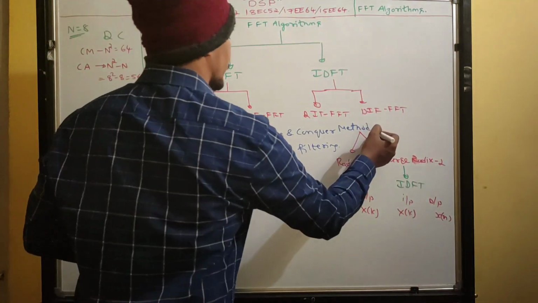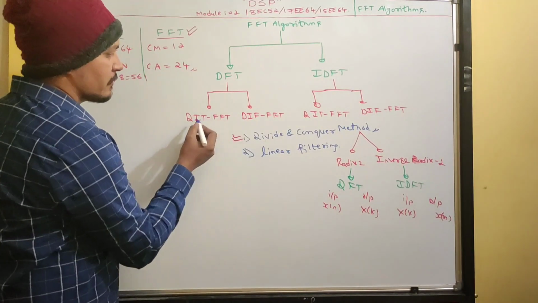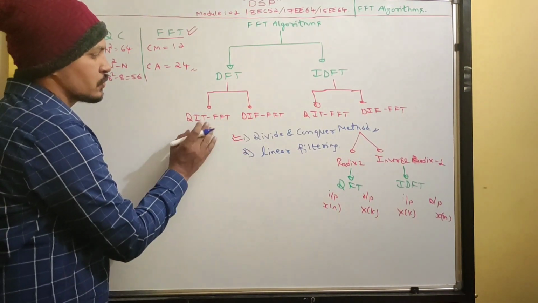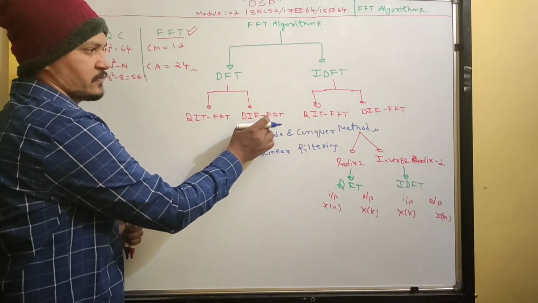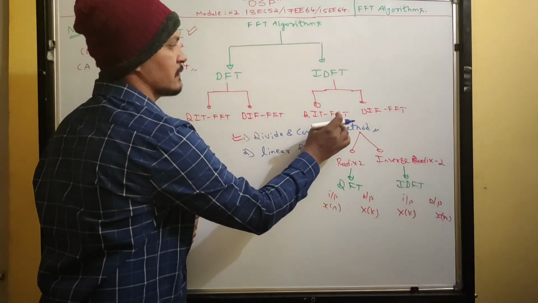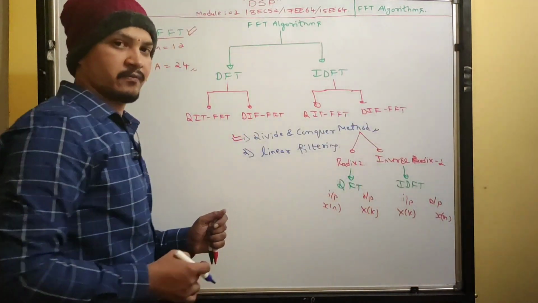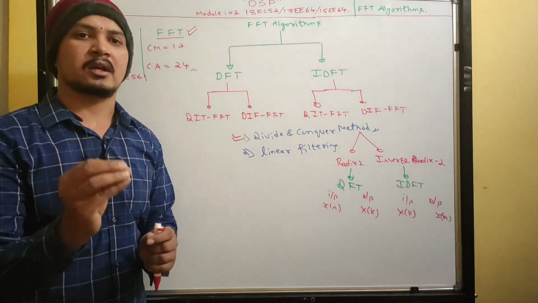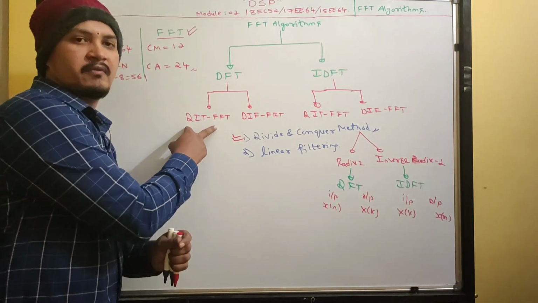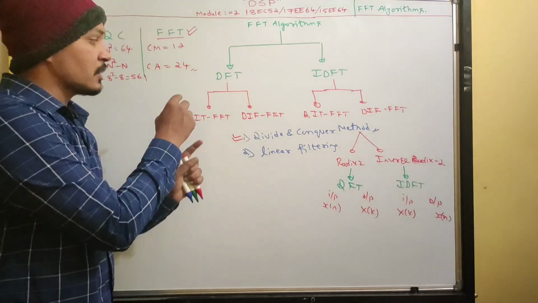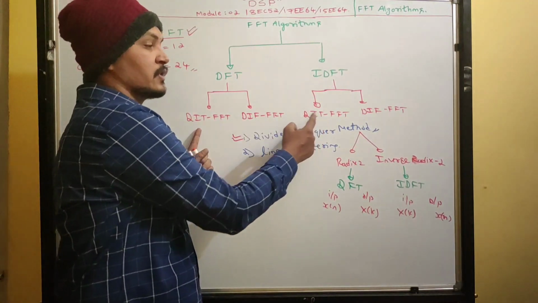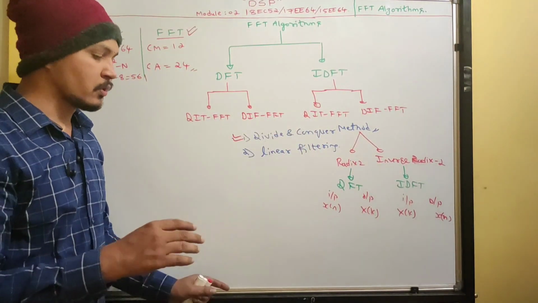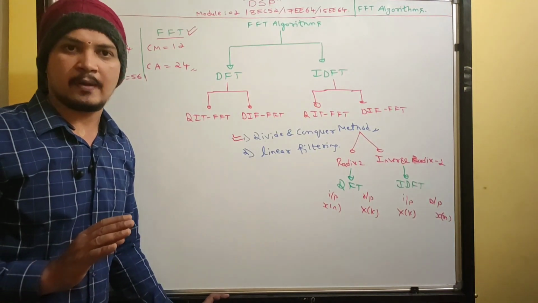For each method, radix 2 DIT-FFT and DIF-FFT, and inverse radix 2 DIT-FFT and DIF-FFT, we have a signal flow graph. Many students get confused: if they are asked to find the DFT by a method, they need to write the signal flow graph of that method, otherwise they won't get the answer.